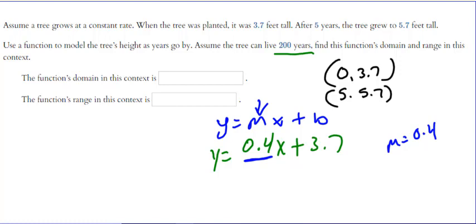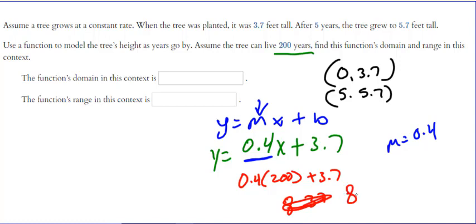So 200 years, so 0.4 times 200 plus 3.7. You can find that that's going to be 83.7. Okay, so from 0 to 200, I'm going to put a bracket. They may want parentheses.